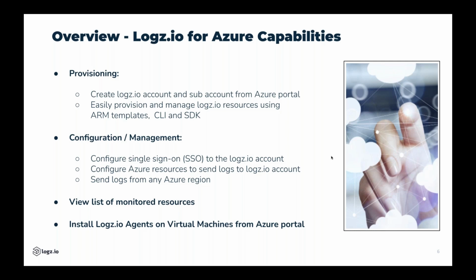And if you're using virtual machines, you have the ability to use the VM extension feature on Azure, which is an agent installation directly, again, from the Azure portal. All this comes in one user interface that can be controlled easily.